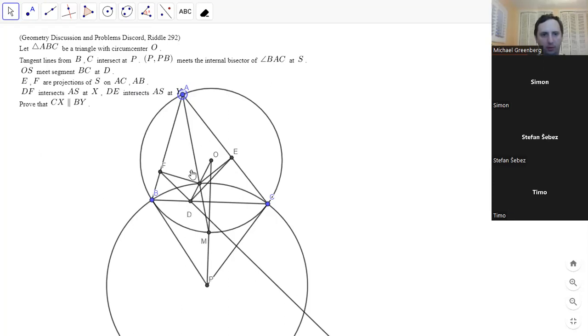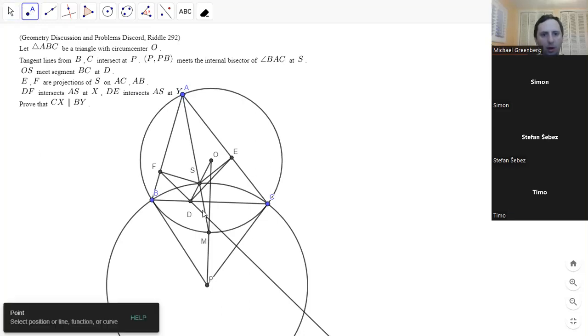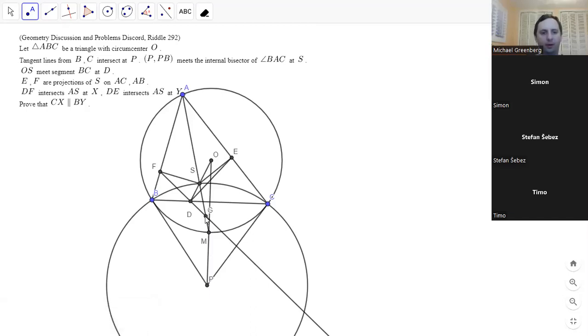Looks like BY and CX are just perpendicular to AS. Oh, really? Okay. Yeah. Hold on one second, let me just draw them first.